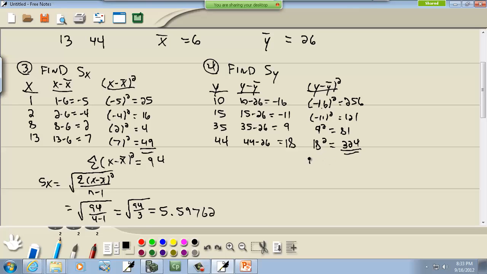I want to add those together, and that'll give us our sum of y minus y bar squared. So 256 plus 121 plus 81 plus 324. And then we get 782.